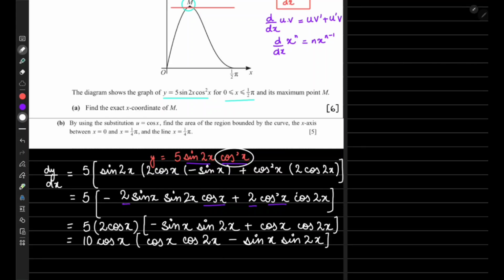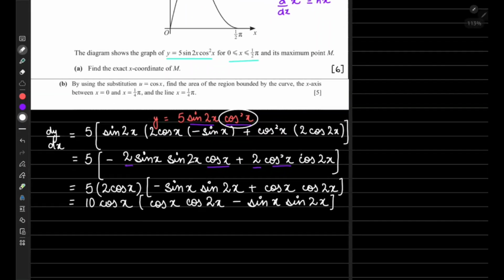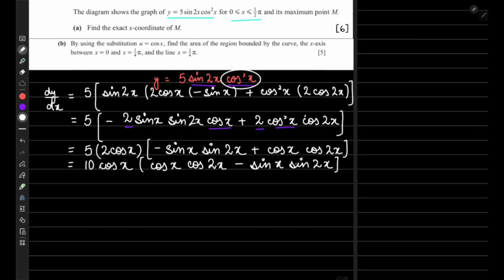I can see that this gives me an identity, and that identity is cos of a plus b gives you cos a cos b minus sin a sin b. So if we take x to be a and 2x to be b, this bracket equals cos of x plus 2x.